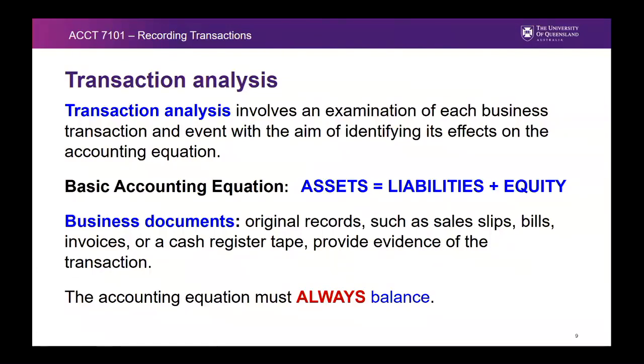And also at tax time, we will have the various documents and evidence to satisfy the Australian Taxation Office, or the tax authorities, that if we're claiming tax deductions for expenses, we have the evidence there. And also if we're a public company and being audited, we'd have various records to satisfy the auditors that all the transactions are real and not made up.